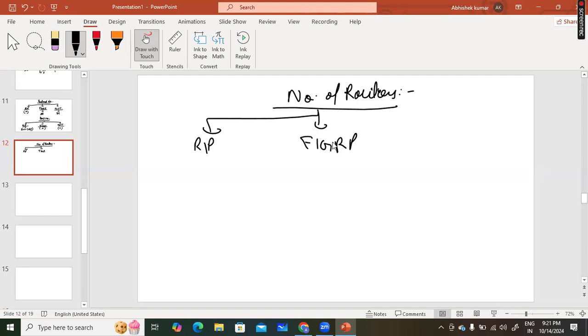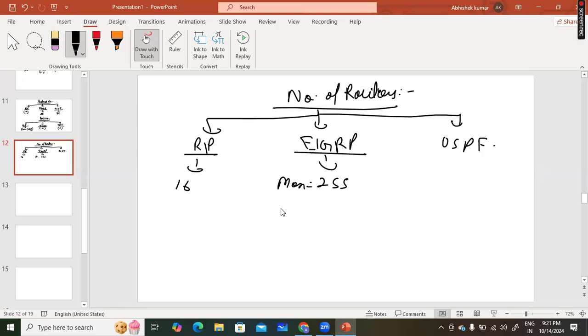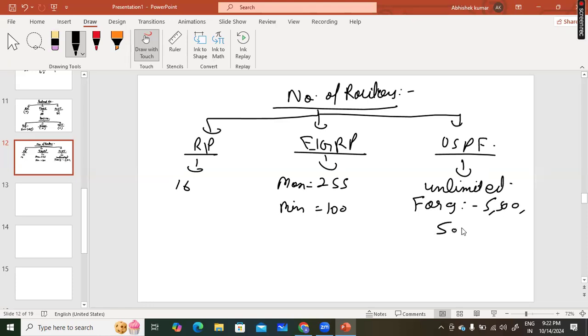RIP supports 16 routers, or rather 15. EIGRP is a maximum of 255 and a minimum of 100. Make sure of this. And OSPF is unlimited. It could support 500 or 5,000 routers as well. Clear?